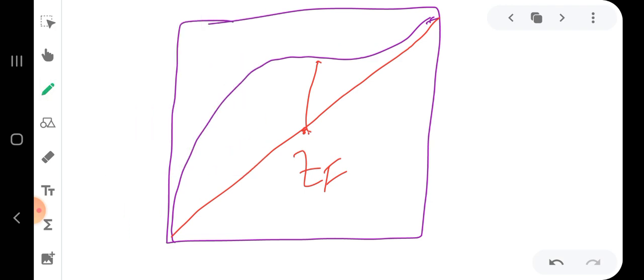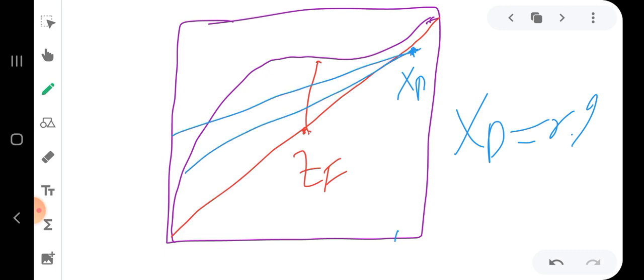Suppose that you have xd equal to 0.9, so it is here. If you draw different operating lines, you see there is no line that intersects this Q line with the equilibrium curve.